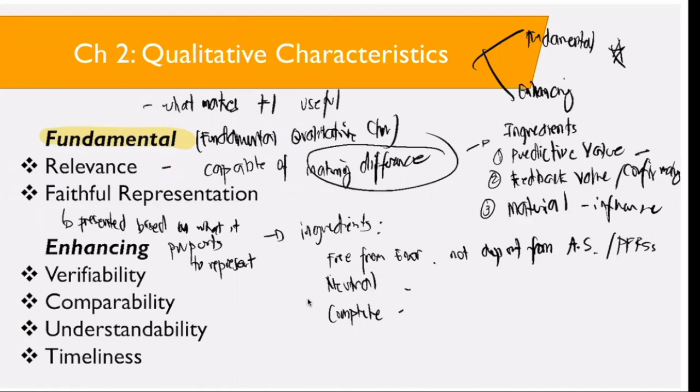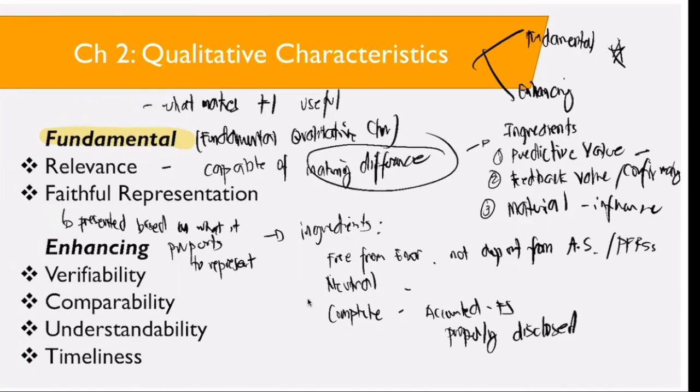Okay? Next, it must be complete. All items pertaining to the transaction or event must be completely presented. When we say completely presented, it is already accounted for in your financial statements and it is properly disclosed. Okay, so faithful representation has these ingredients: free from error, neutrality, and completeness.